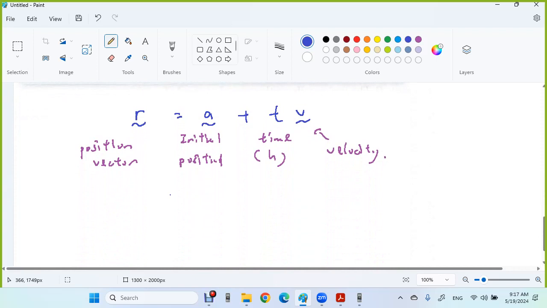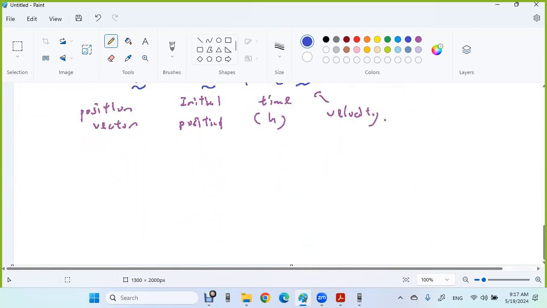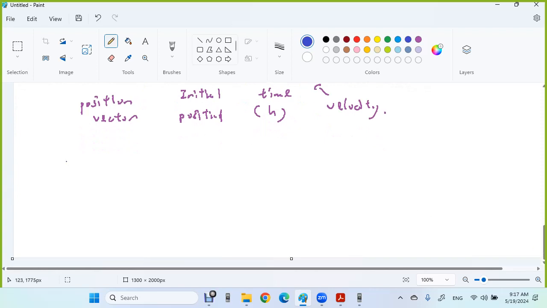As for the velocity, how to find it depends on the question.